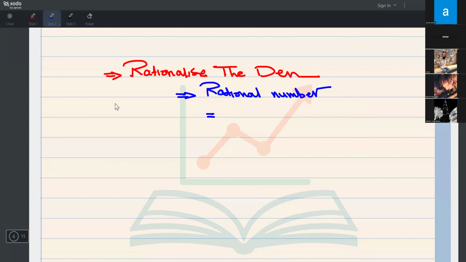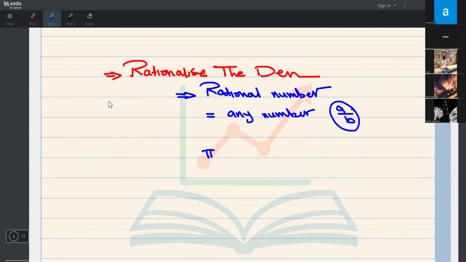Any number that can be written in the form A over B. أي number يا ولاد نقدر نكتبه في form A over B، يعني fraction، يعني numerator and denominator، is called rational. طيب هل في number ما نقدرش نكتبها A over B؟ Like pi.